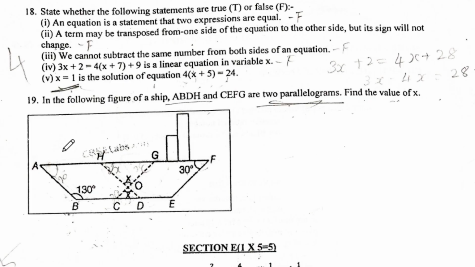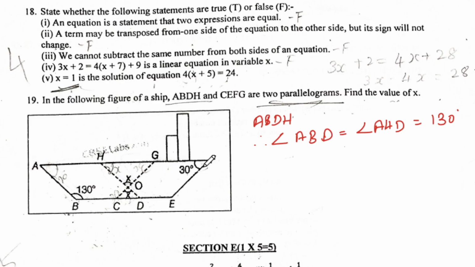So in ABHD, the first one, we have angle ABD, which is equal to angle AHD, is 130 degrees.